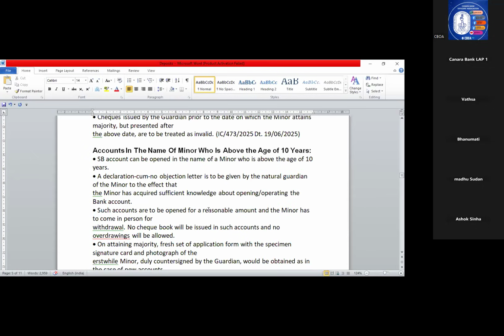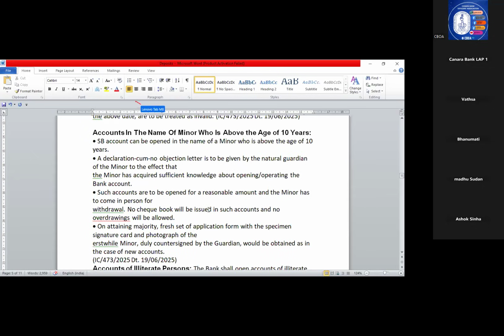Whenever the minor is above 10 years old, as per RBI guidelines, we can open a self-operated account. When it comes, a declaration has to be obtained from the natural guardian. Natural guardian means first comes father. If father is not available, then mother can be the natural guardian.